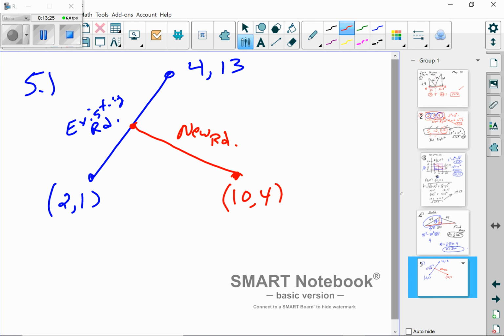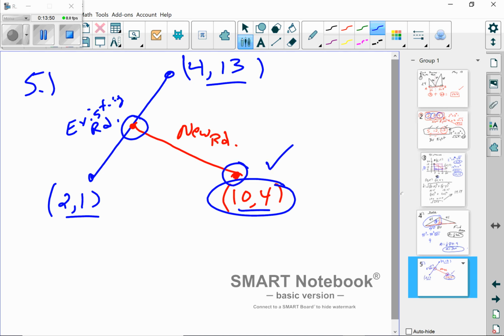Okay, that's your question. So let's think about what we need. In order to find the length of the new road, that's a distance problem, right? The distance. And since you're dealing in coordinates here, you're going to assume that you're going to be doing distance on the coordinate plane. You're not doing something like Pythagorean theorem or anything like that. Just distance on the coordinate plane. So in order to do distance on the coordinate plane, I need to know the coordinates of those 2 points right there.